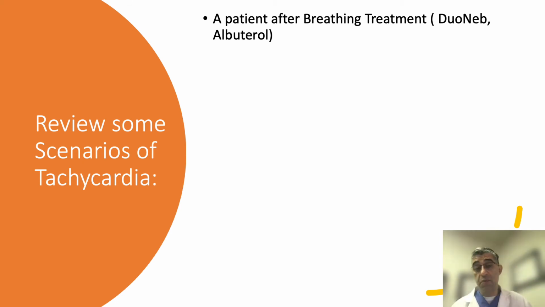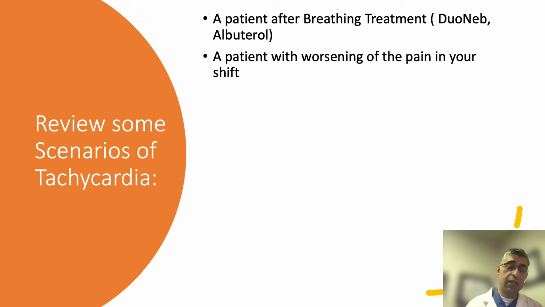This patient is not symptomatic, but I just gave the breathing treatment half an hour ago. Boom, that's the cause. The heart rate can go up because these medications are what we call beta agonists. They can stimulate the SA node and make the heart produce more electricity.